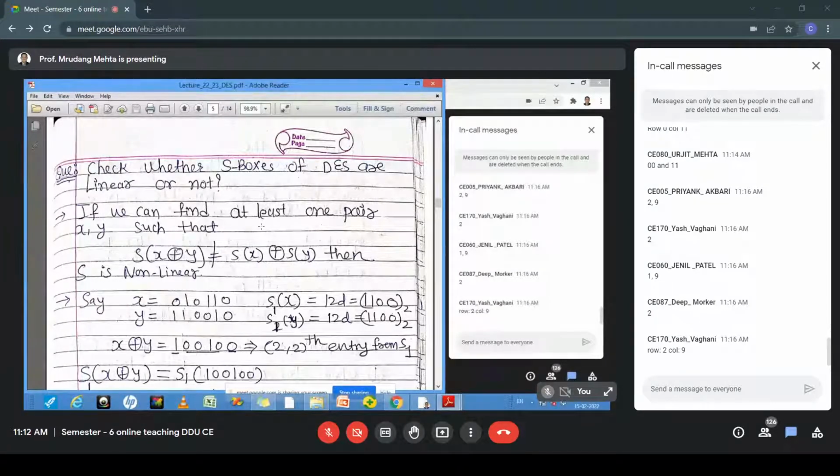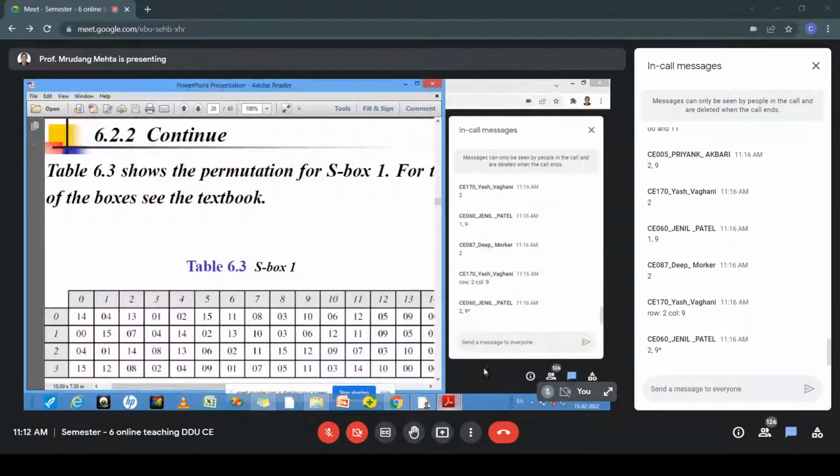So row number 2, column number 9. Janil, is it 19 or 29? Okay. So let us see this row number 2 and column number 9 and see what the value is.